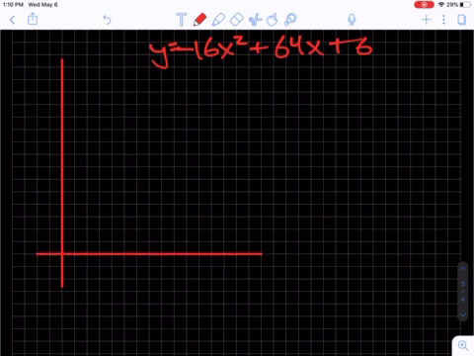This is a real world problem. Most real world problems happen in quadrant 1, where everything's basically positive, because Emilio's not throwing this thing below ground, and he's not throwing it in negative time, because that doesn't happen. So this is all happening here. This is our time, this is our height.